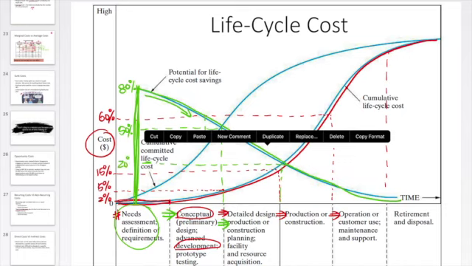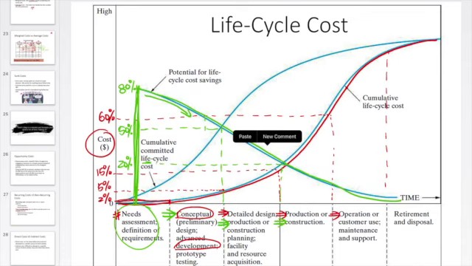It could be just 20%. And if you find out a better decision in the construction stage or in the operation stage, wow, that's really a bad time to make the right decision, because although it can save you some money, how much you save is really little. Maybe just 10%, 5% of the total cost, and you have already spent 95% of the cost.